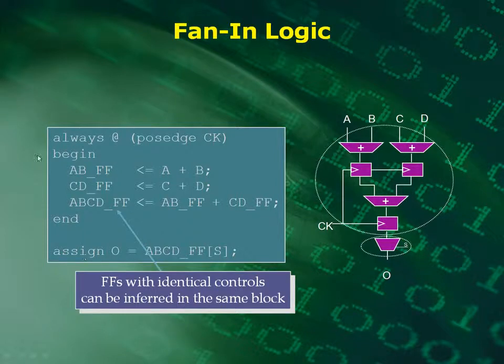So it could just reduce down to something as simple as this. So the AB flip-flops are equal to A plus B, and the CD flip-flops are C plus D, and then the ABCD flip-flops are the addition of the other two. So this right here, along with this, would describe this whole circuit here.